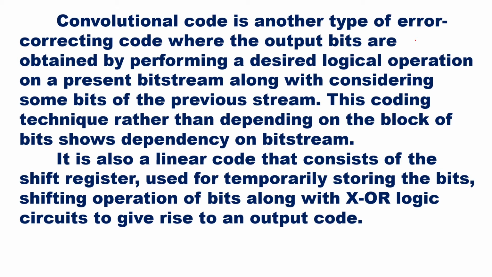So from the information bits, we will get a separate code which will be sent as the message to the receiver. And at the receiver, you have to do the opposite process and get back the information. So this is one way of modifying the information bits.